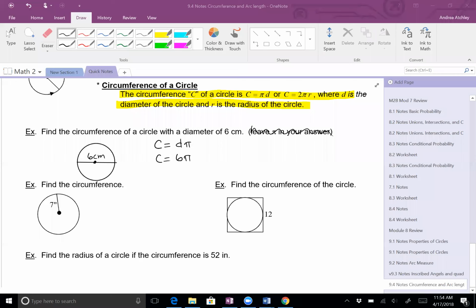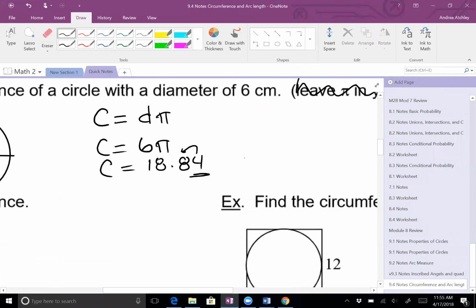Okay, so I plug it into my calculator, and I get my circumference to equal 18.84. Does the 4 make the 8 stay the same or move up? Stay the same. So the circumference is equal to 18.8 centimeters.